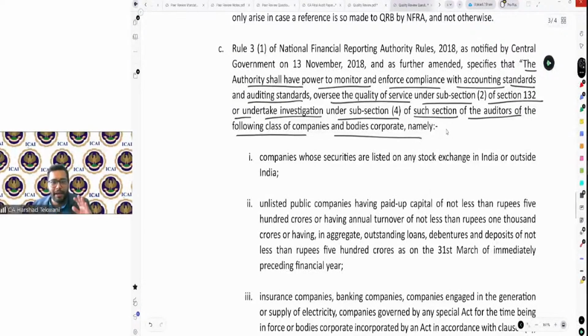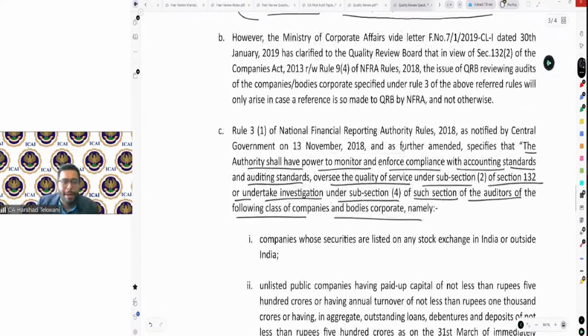So if NFRA is looking into such entities, then there was a clarification by the Ministry of Corporate Affairs that the quality review board can only review these entities if they are referred by NFRA under Rule 9. Otherwise, the quality review board shall not review these entities.